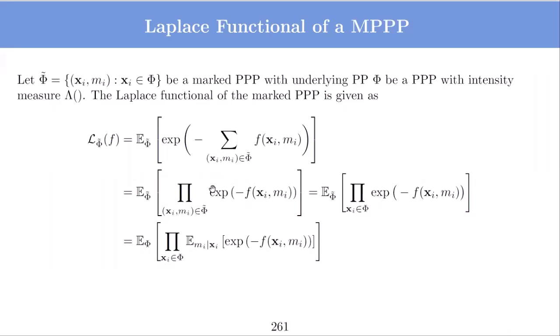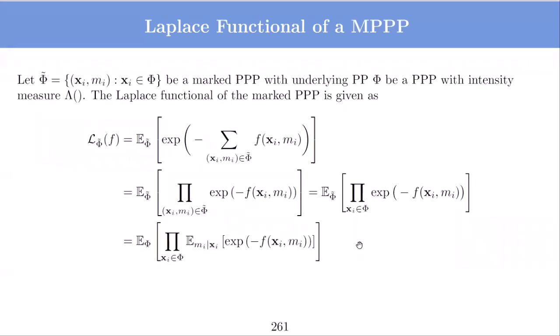So instead of writing this product over all (xi, mi) belonging to phi tilde, I can just write xi belongs to phi, where phi is the underlying point process, which I know is a PPP. This will help us solve it further because I know this is the Laplace functional of a PPP.